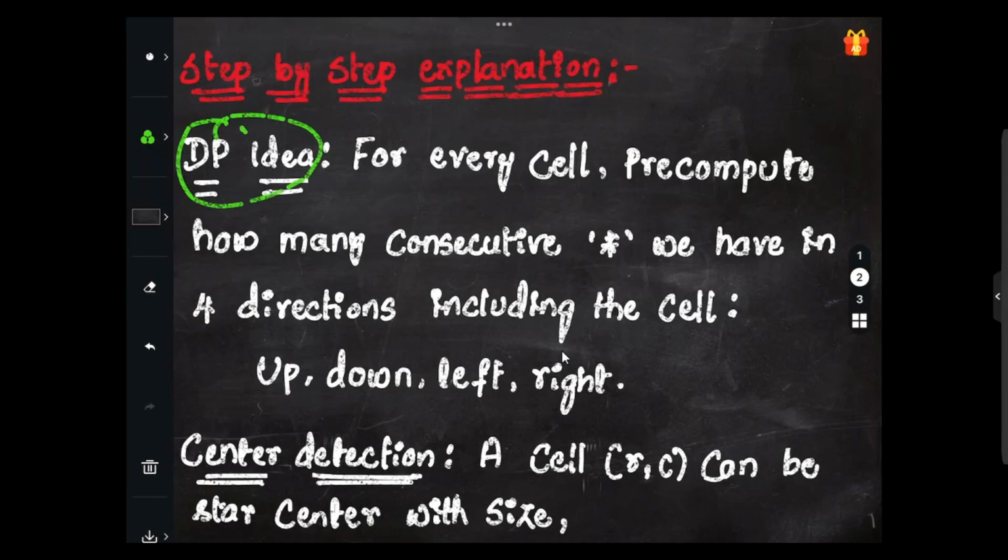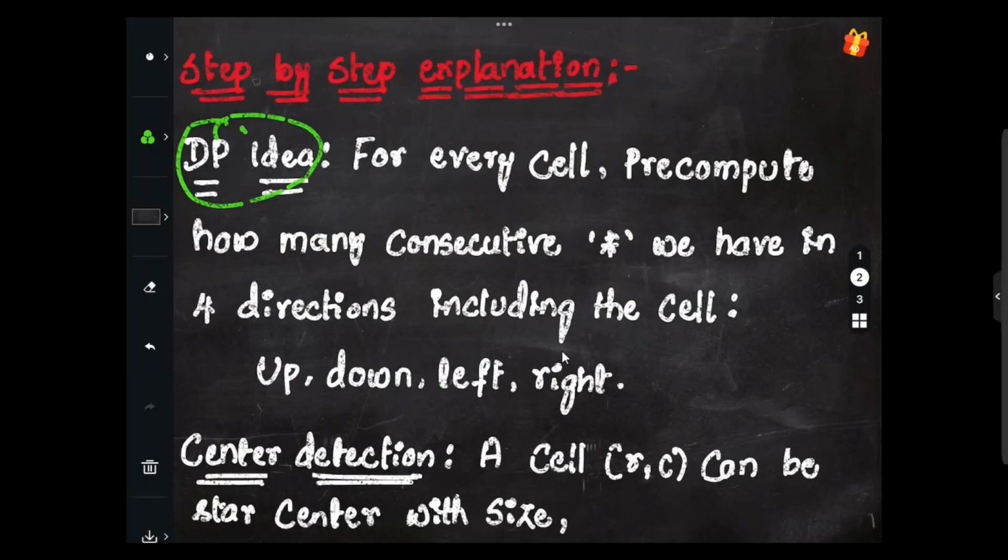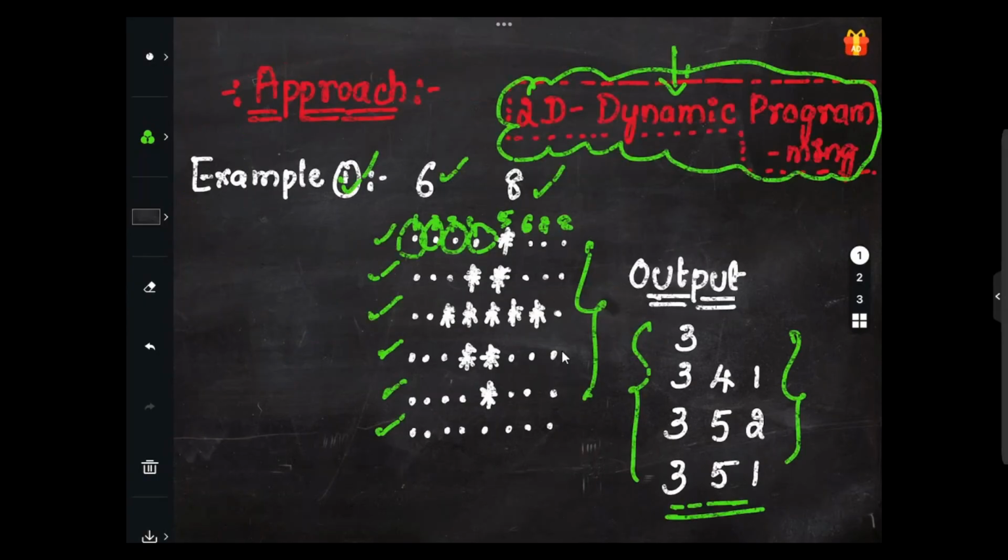For every cell, we will pre-compute how many consecutive stars we have in the four directions, including the cell. For example, we can consider this one. This is consecutive, right? Either we can go up, or down, or left, or right.